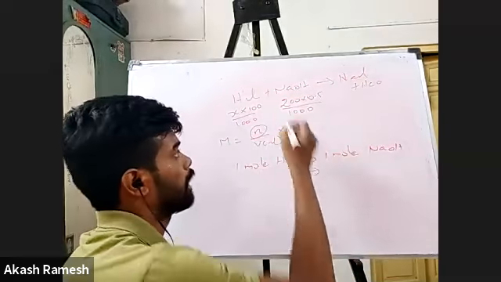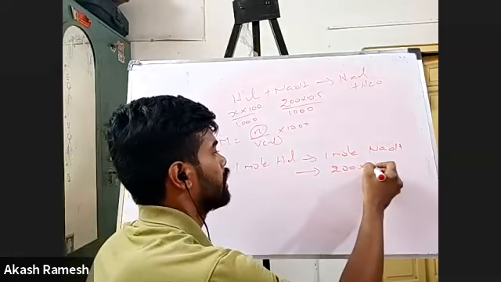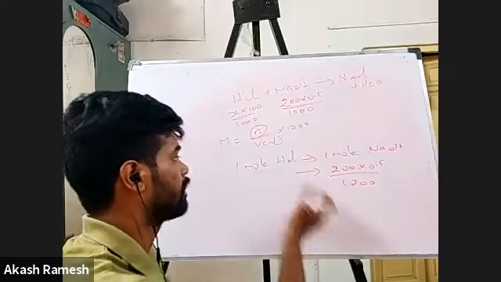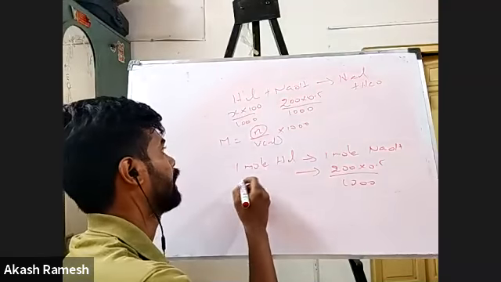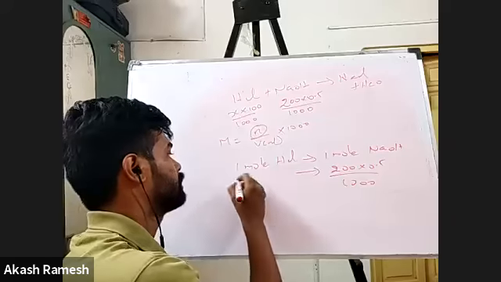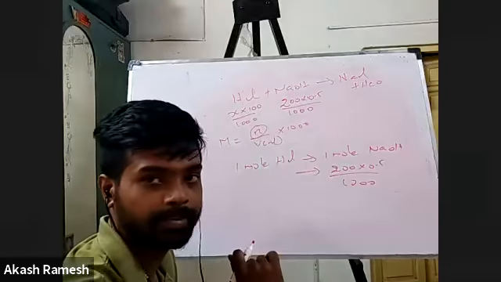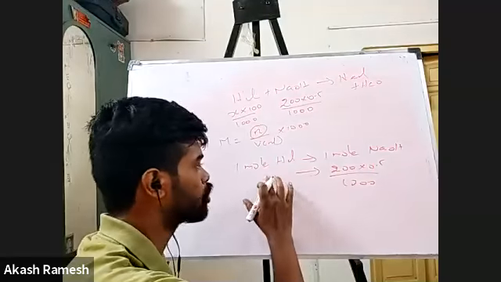Now, how many moles do I have for NaOH? 200 into 0.5 divided by 1000, correct? And for HCl, it is X into 100 divided by 1000. If this is the case, the same number of moles should be there, right?